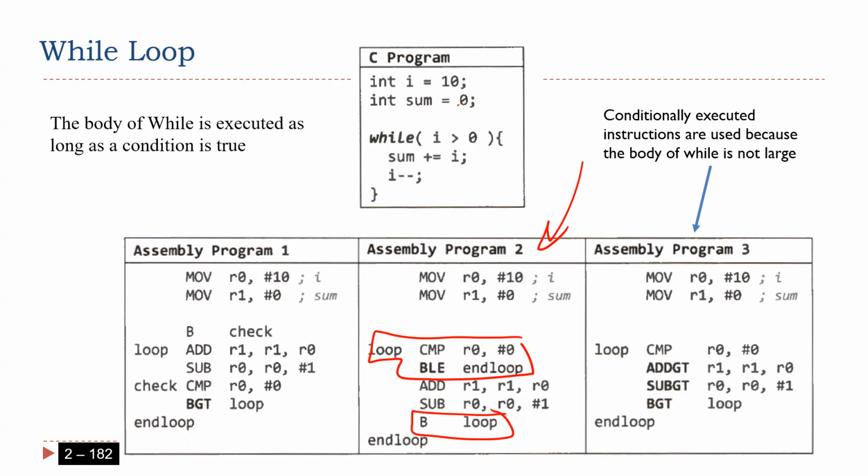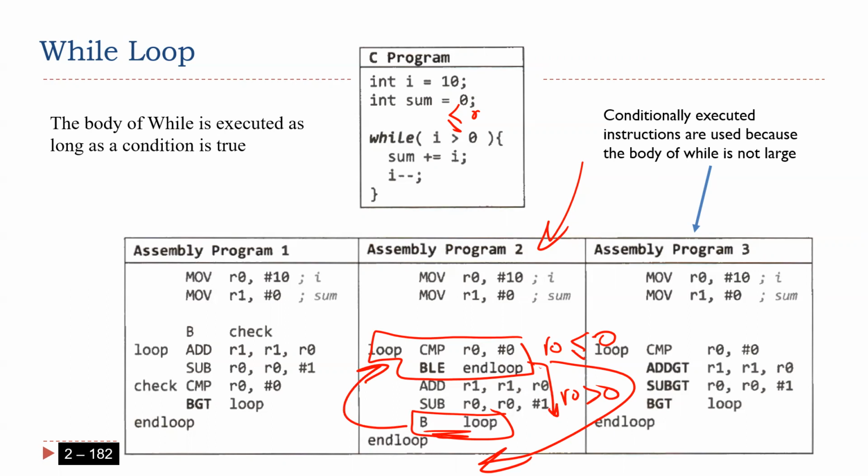However, if I is less than or equal to 0, that means the condition is false and I have to leave. That's exactly what I did. If R0 is less than or equal to 0, leave. I'm done. Go outside. Don't keep looping. If not, that means R0 is greater than 0, so I come this way, and this one is unconditional. It's going to bring me here anyway.